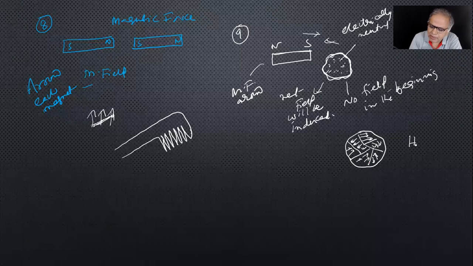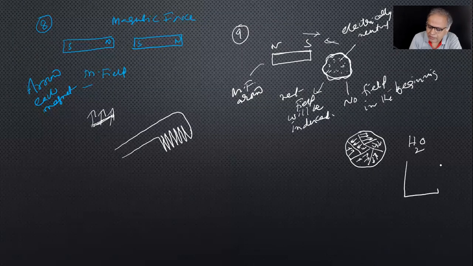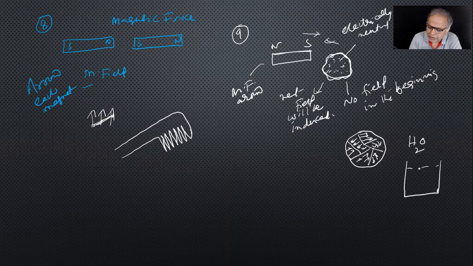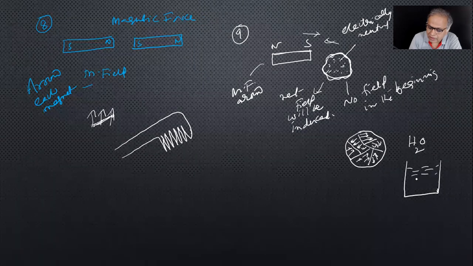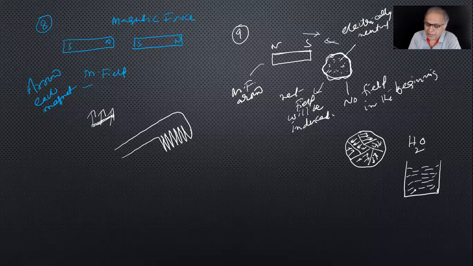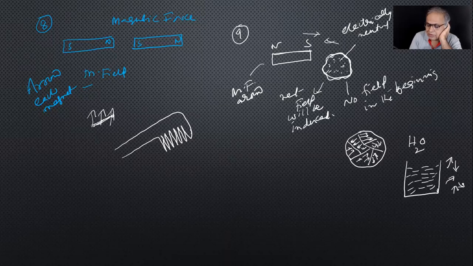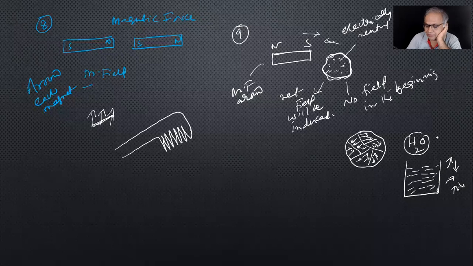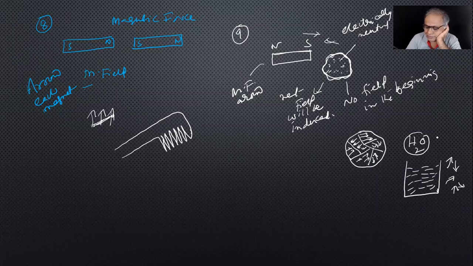H2O is a dipole, believe me. When I drink a glass of water, as a physics person, I think that I'm drinking many arrows like this. Each arrow represents one water molecule, which is an electric dipole.